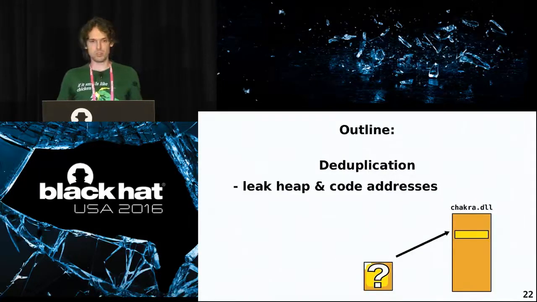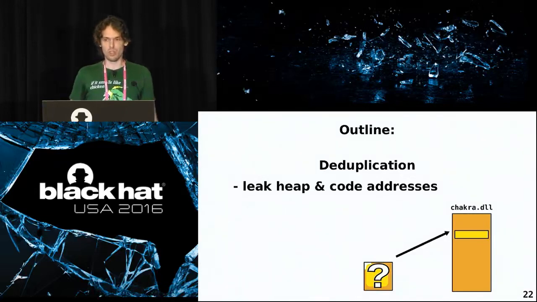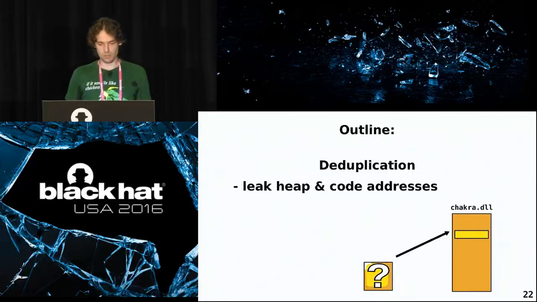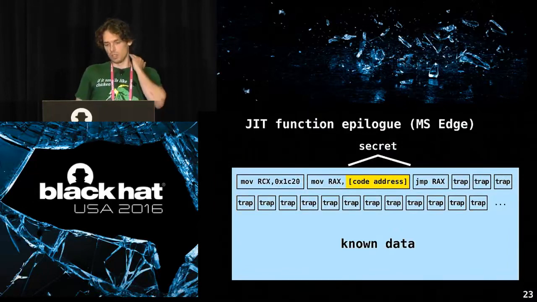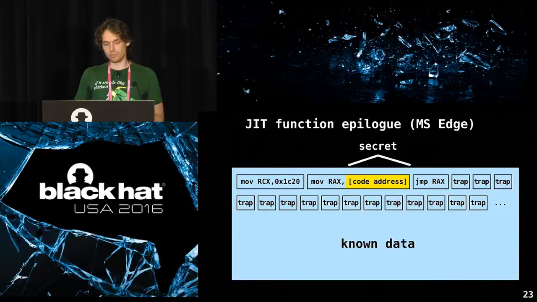In our case, we will use the first primitive, the alignment primitive, to leak a pointer to the JavaScript library in Edge. So the Edge JIT compiler compiles native code, and the function epilogue of this native code contains all known data except for a code address.